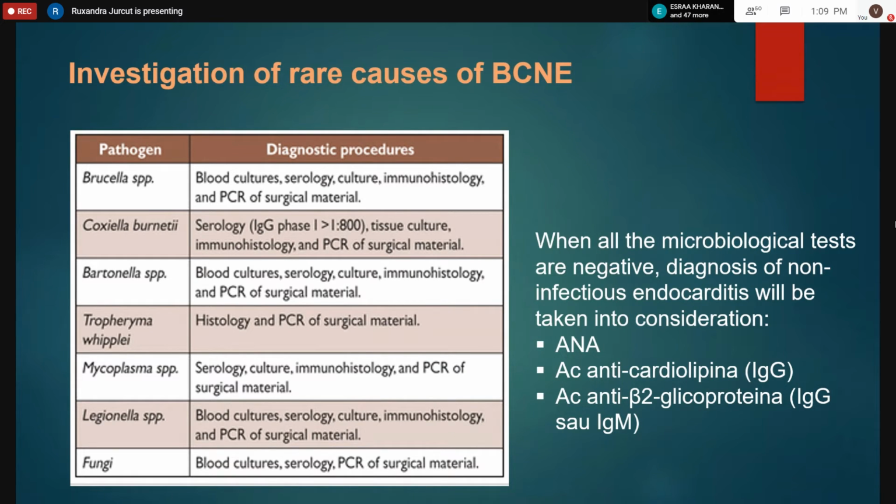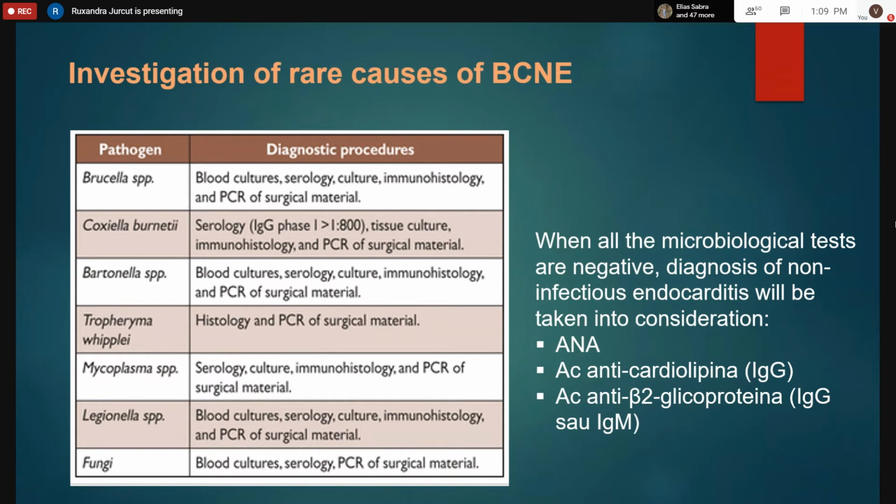Sometimes, however, it might be that we test for everything possible in the best lab in the world with all the technical capabilities and good doctors, but we still don't find any germ.